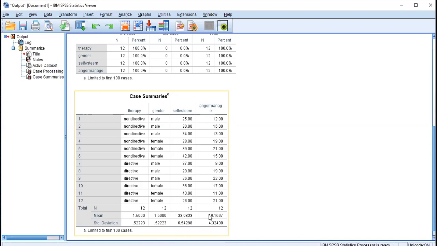When it comes to anger manage, where the value is between 5 and 25, the mean value is 16.1667. And the standard deviation for anger manage is 4.32, which means it is a little above 25% in relation to the mean. So that is the data for you.